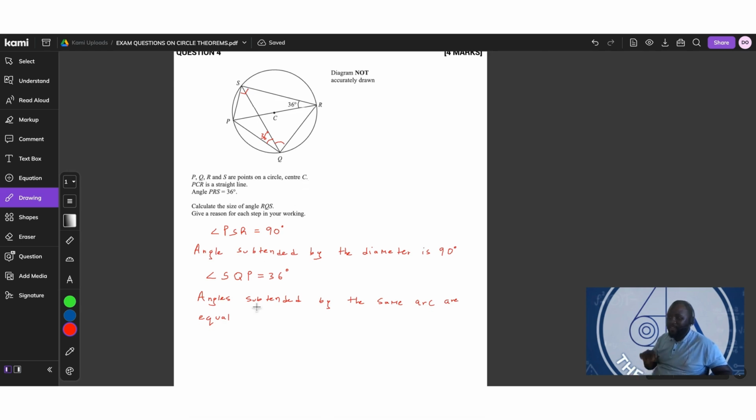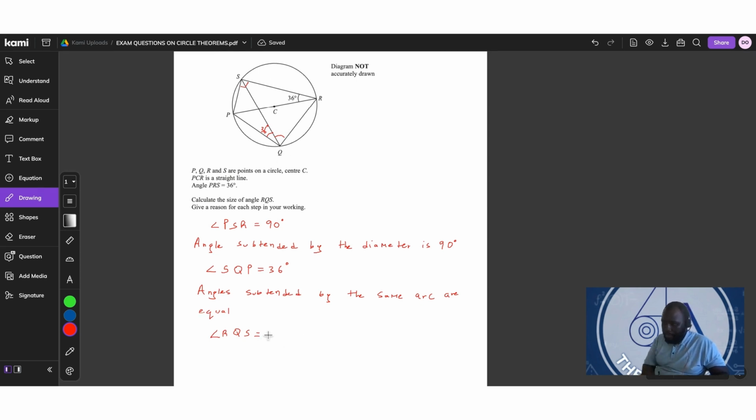And so now I can find angle RQS. Now I have two ways of finding angle RQS. I can subtract it directly from 90 degrees, or I can add 36 to 90 and then subtract it from 180. So I'm going to go with the simplest one, 90 minus 36. That angle is 54 degrees.